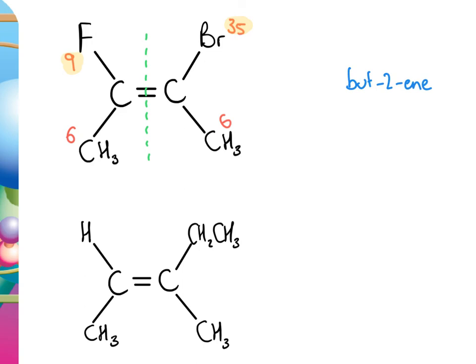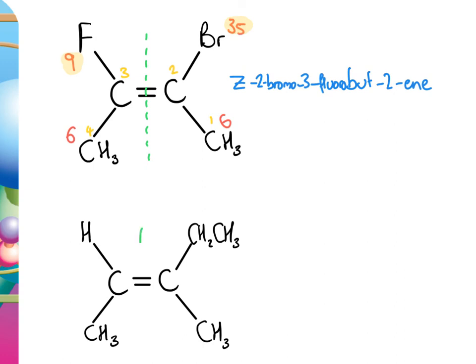Bromo comes before fluoro alphabetically, so we're going to be counting from the right-hand side. So it's going to be 2-bromo, 3-fluoro. Okay, so we've got 2-bromo-3-fluorobut-2-ene, and we've established that the high priorities are on the same side, and so it is Z-2-bromo-3-fluorobut-2-ene.